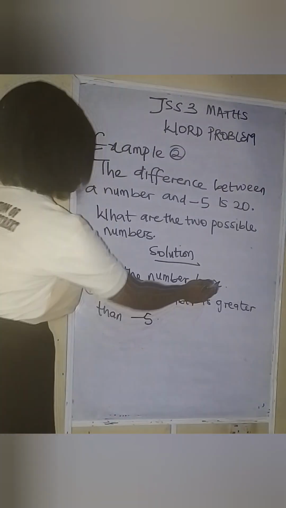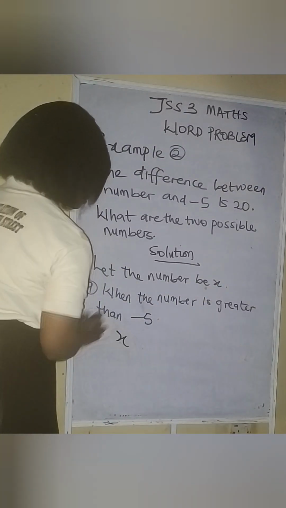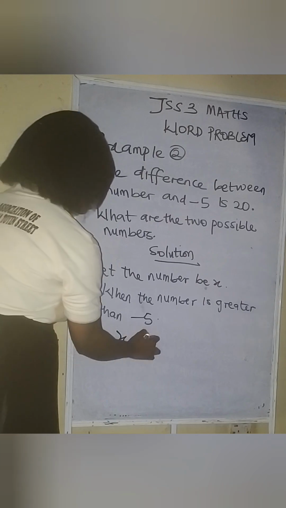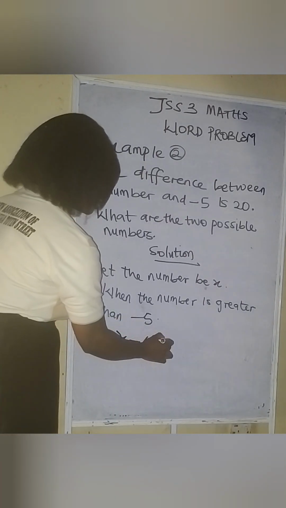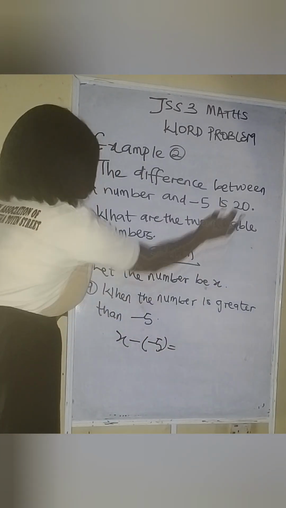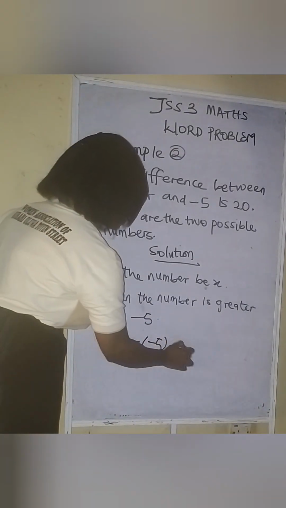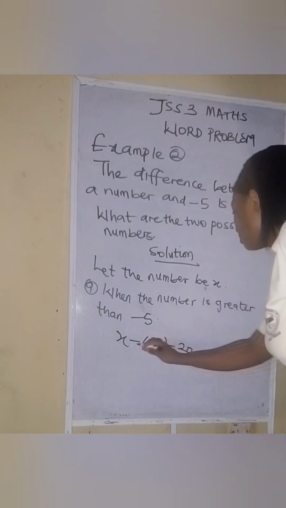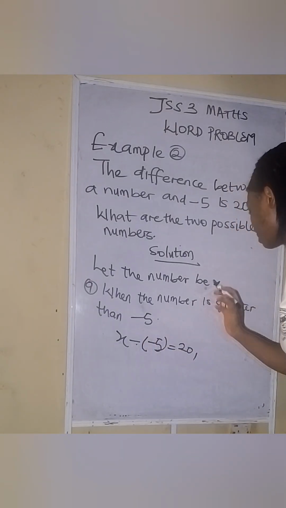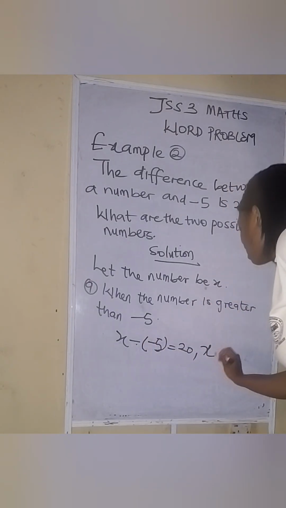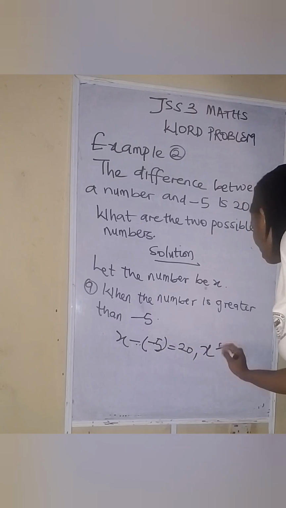So when the number, which is x, is greater than minus 5, meaning x minus minus 5, the result they said is 20. Okay, the result is 20. So that would be minus times minus is plus. Minus times minus is plus. That would be x plus 5 equals 20.